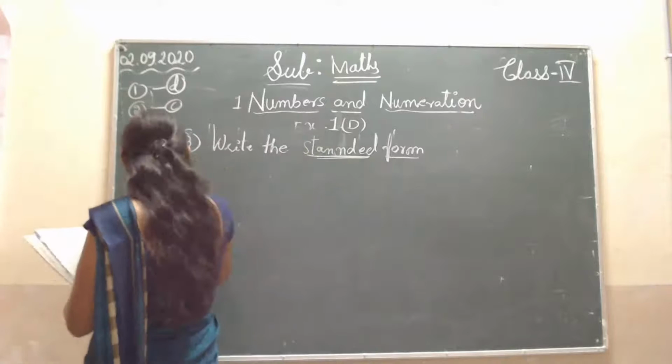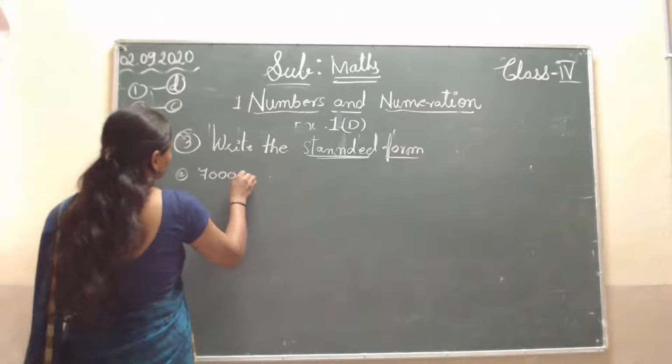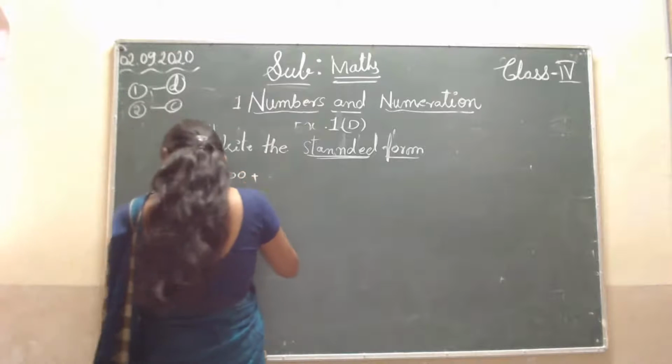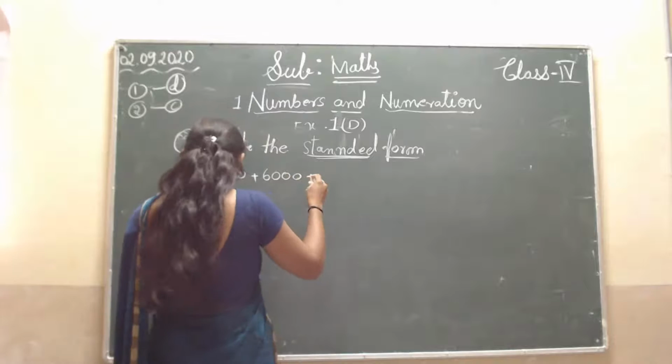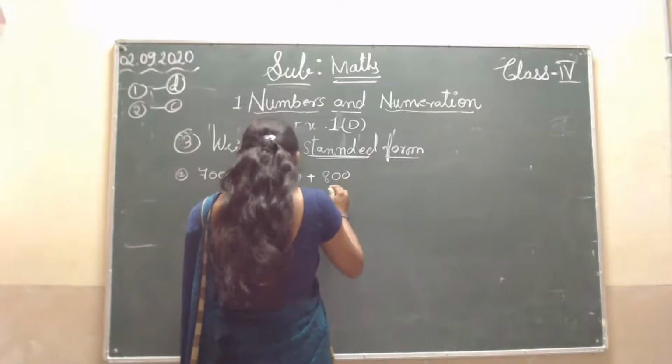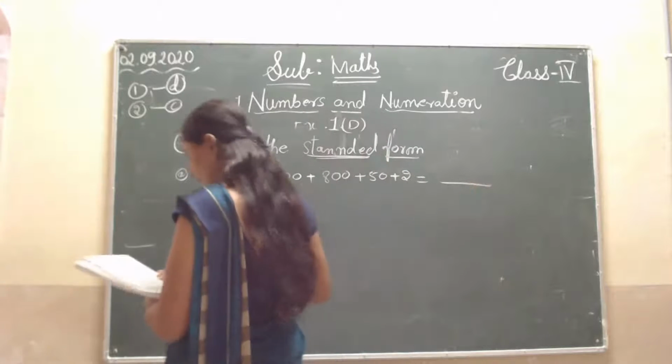What is the question in the first one? That is 70,000 plus 6,000 plus 800 plus 50 plus 2. Okay. Next question.